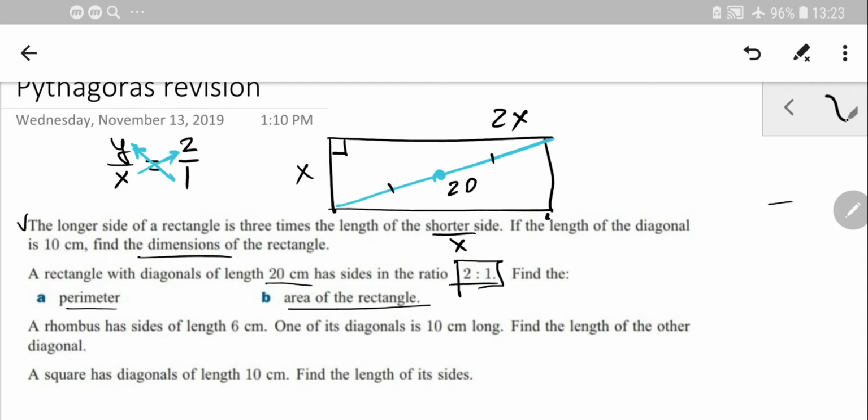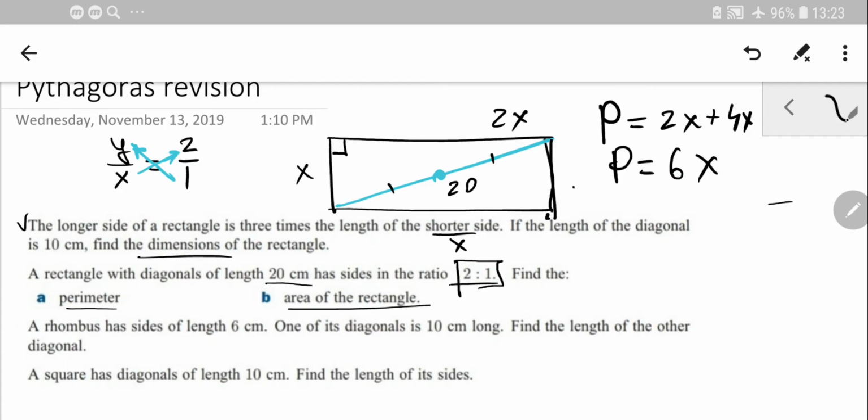This is almost the previous task, but however you need to find the perimeter. The perimeter is the sum of all sides, so we have 2 sides with the length of x, so it means 2x, and 2 sides with the length of 2x means 4x. So in total we have 2x plus 4x, which is 6x.